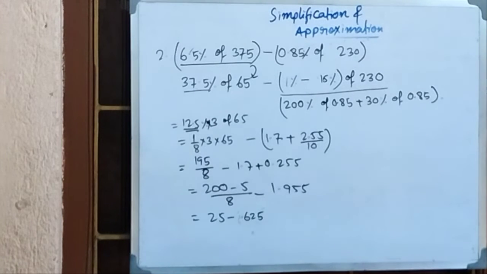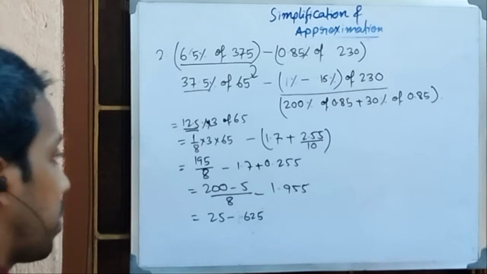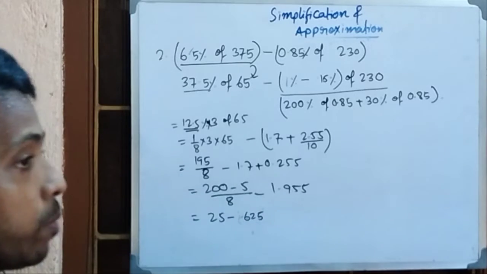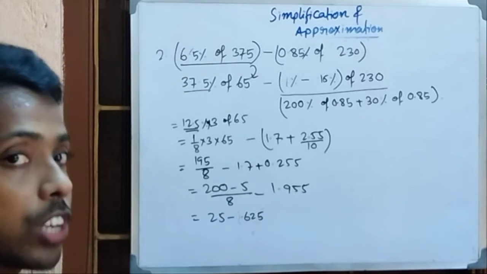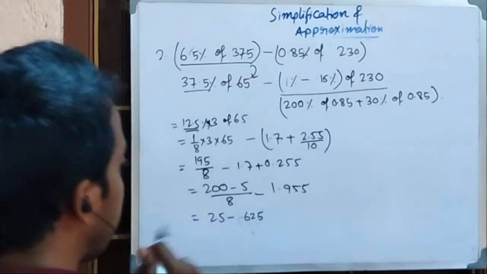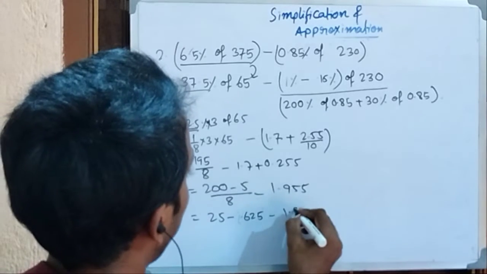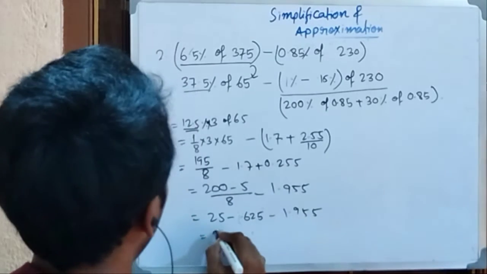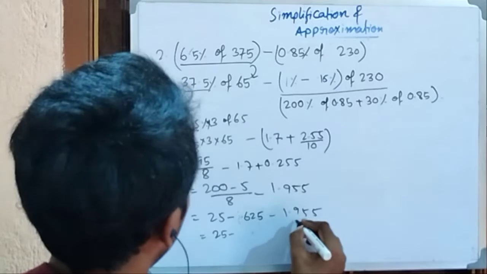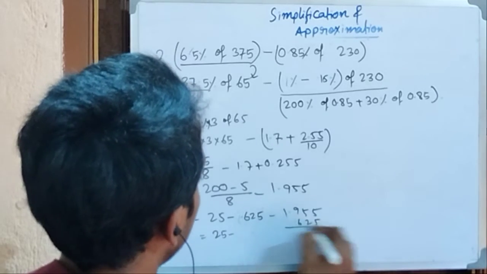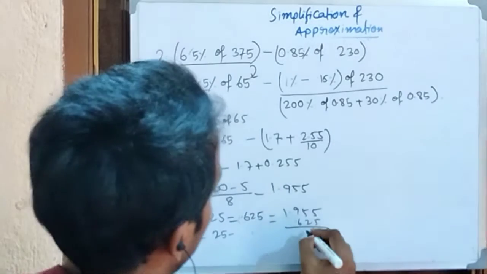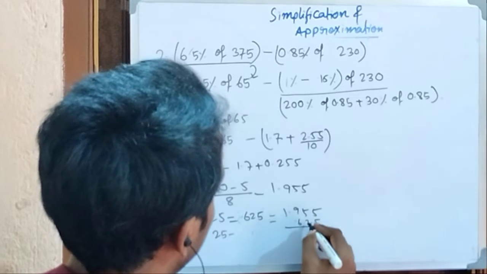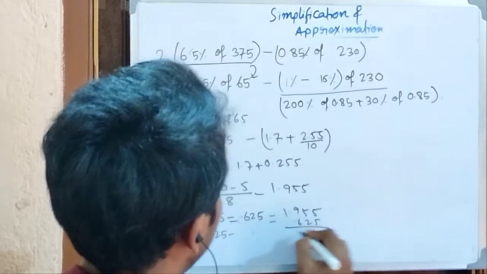Okay, because we have taken percentage value, the fractional value. So in percentage divisible by 100, so divisible by 100 would give 62.5, and just before the 2 digit, so just before 6. This is it, minus 1.955. So 25 minus 6.25, this is the same sign, so you have to add both these values.